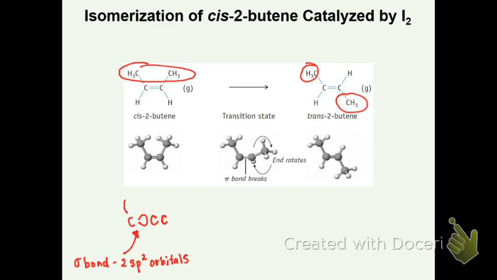And then also a pi bond between two p orbitals. And these pi bonds are perpendicular to the sigma bond.